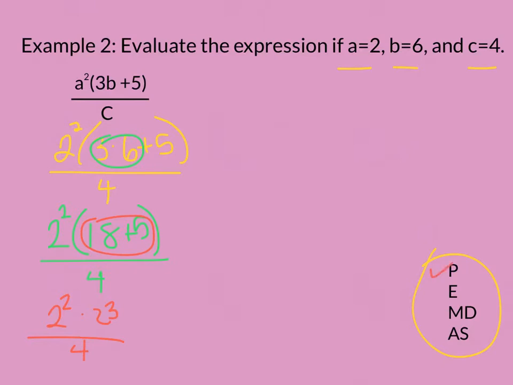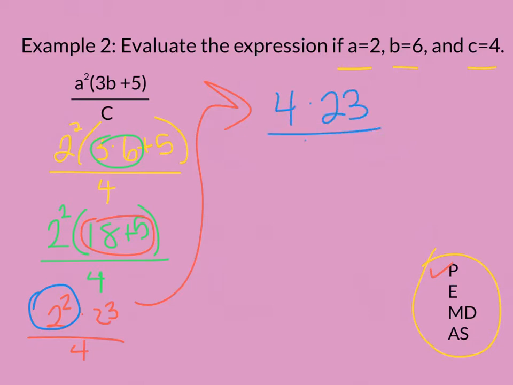So I've done my parentheses, and now I have to move on to my E, which stands for exponents. So I'm going to bring this up here. Because exponents come first, you must do it before we multiply by this 23. So 2 squared is 4 times our 23, all divided by 4.